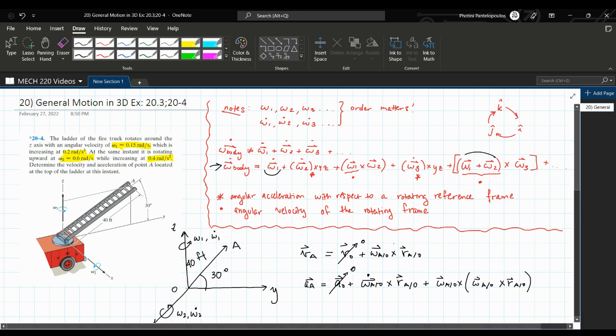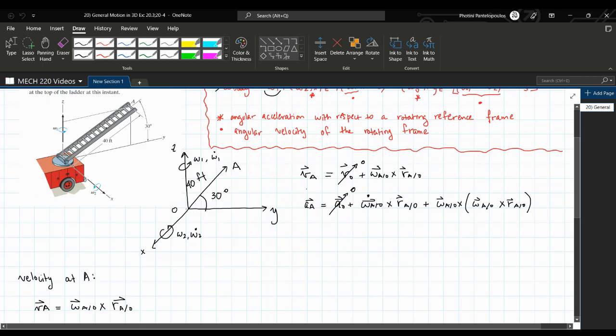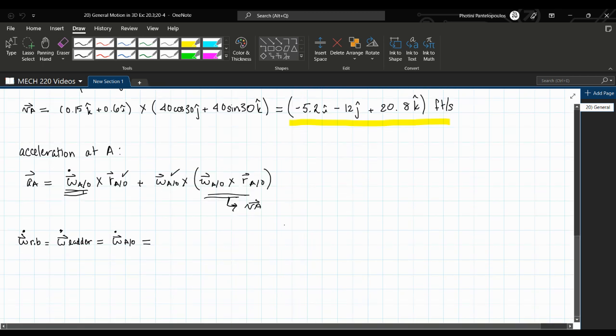So if I apply that logic to the ladder here, we have the base that's rotating, and then we have the ladder that's accelerating within that first rotation. And this is how we're going to use this expression to solve the problem.